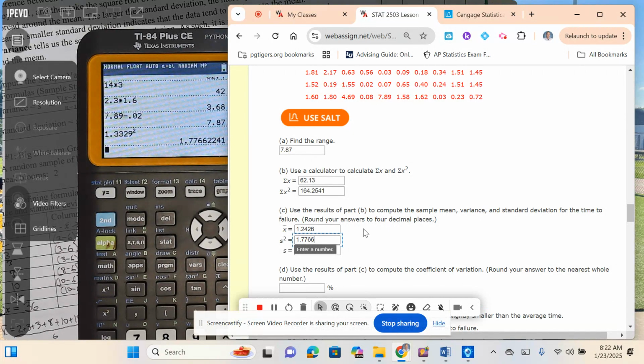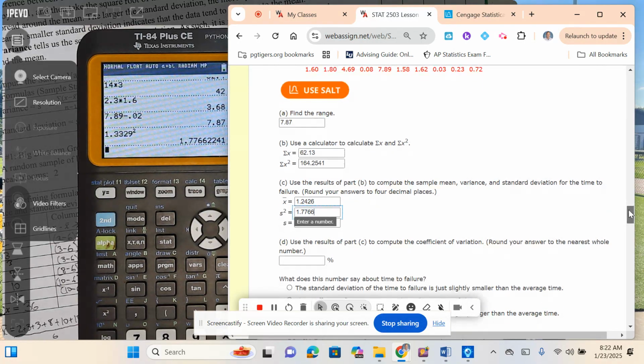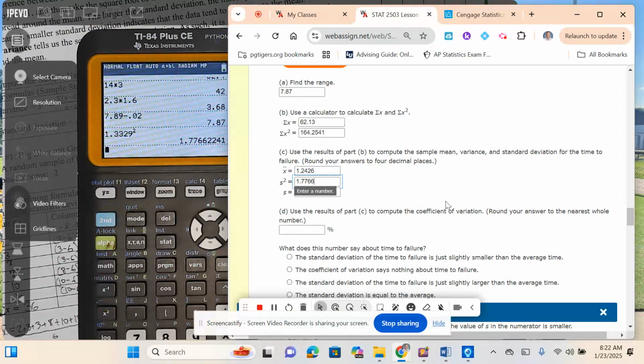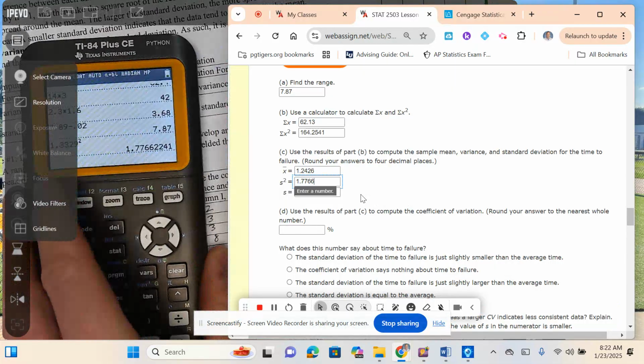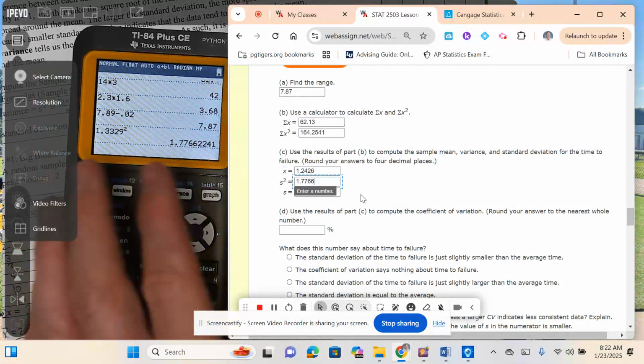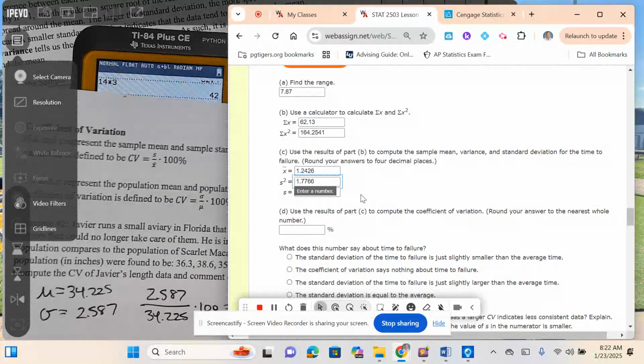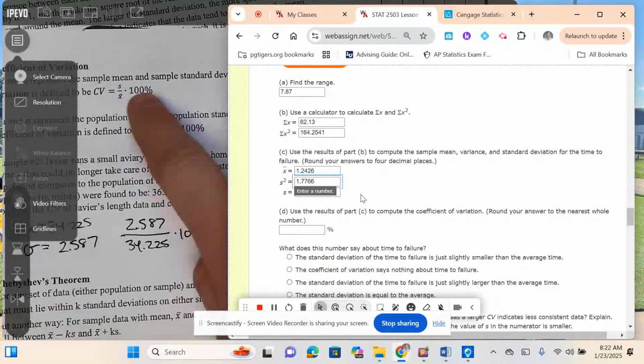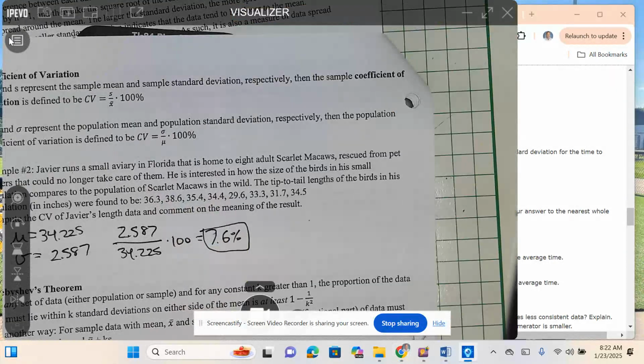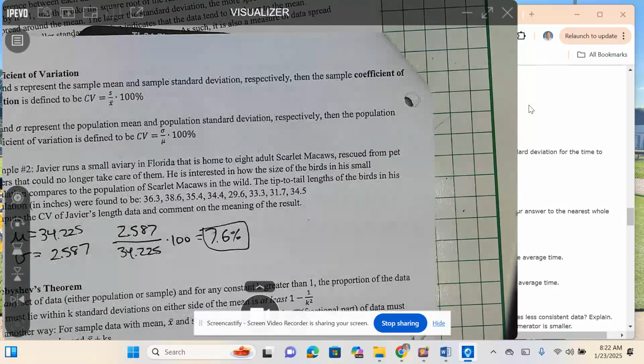All right. Next, what I'm going to do is use results in Part C to compute the coefficient of variation, okay? Now, there are 2 coefficient of variation formulas. There's one with sample values and one with population values. If I'm using Part C, they're giving you a hint.